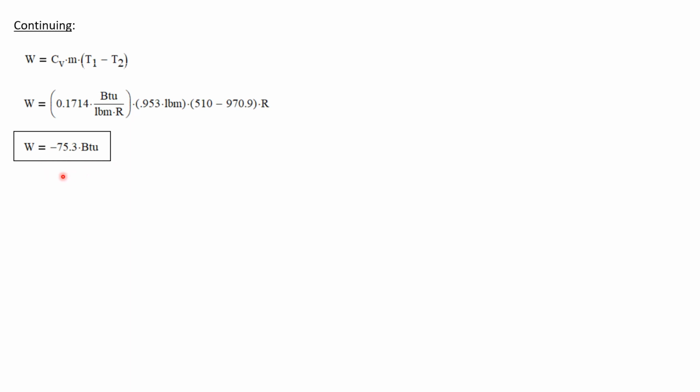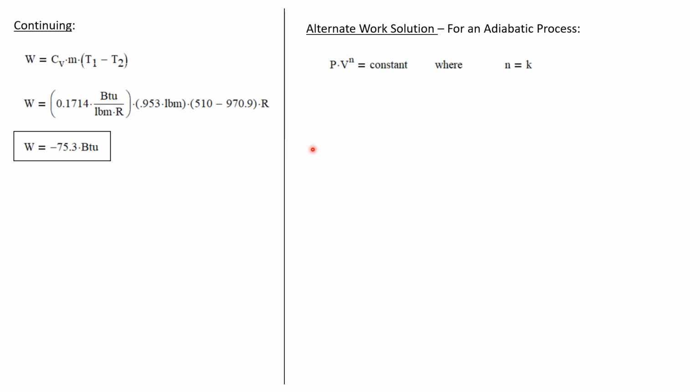We expected this negative because this is a compression process, and the negative indicates that work has to be added to the system in order for the process to take place.